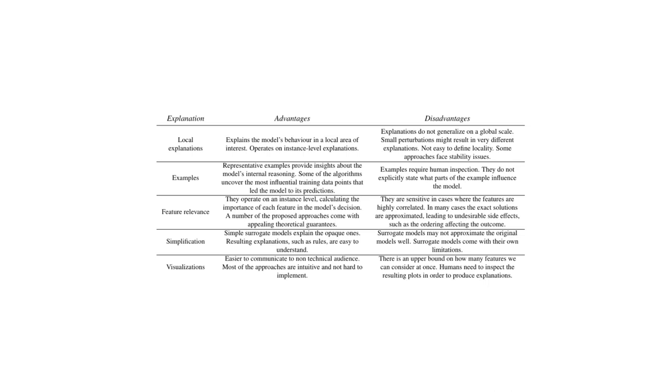So if you have an example with 20 or 40 features, you need to figure out which of those features is really what's making this a representative example, which is kind of challenging, right?